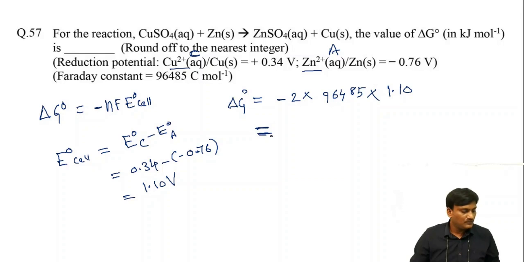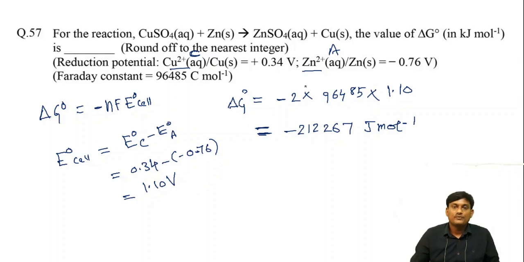You will get minus 212.267 joule mole inverse. We know that this is a coulomb, and 1 coulomb volt is equal to 1 joule. So here delta G naught is in terms of joules, and you have to convert it into kilojoules, kilojoule per mole.